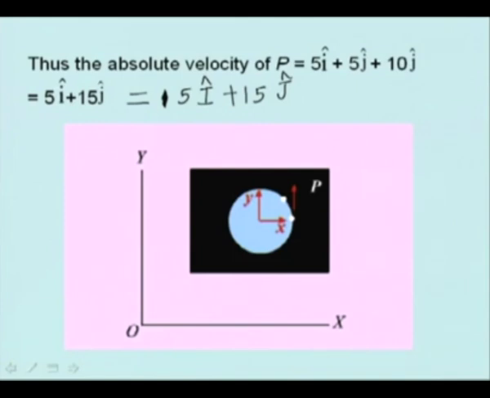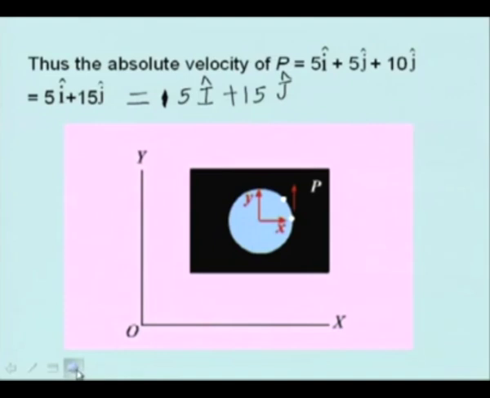It is not so important to always express the absolute velocity in the absolute coordinate system. Any coordinate system can be adopted. The only thing one has to understand is in which coordinate system the components have been expressed.